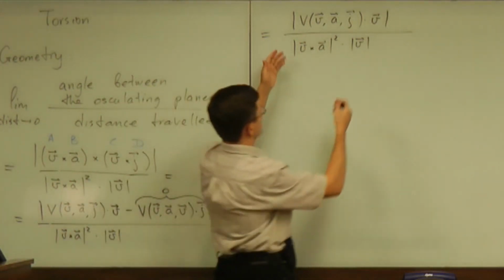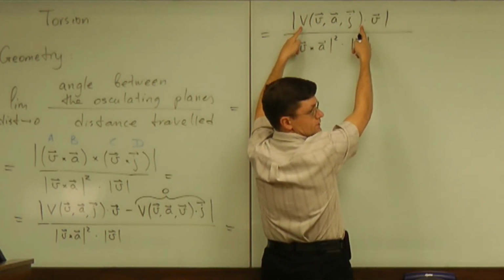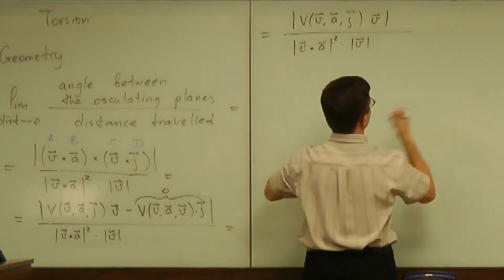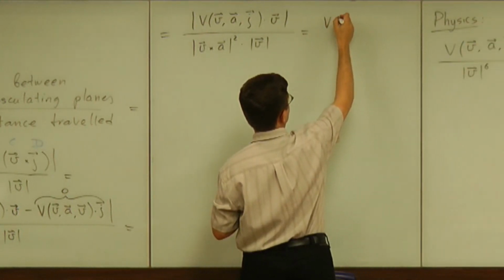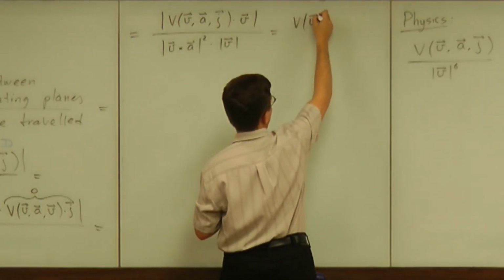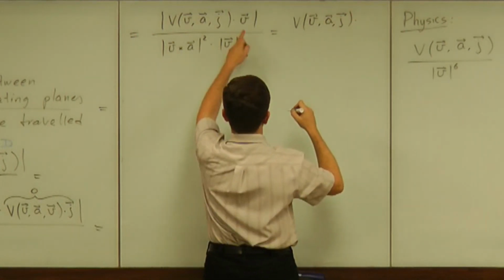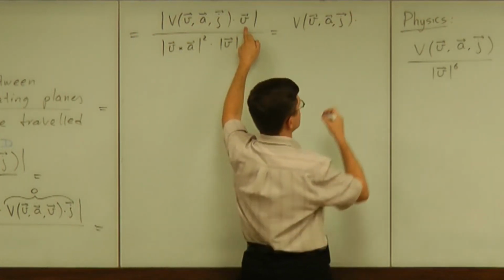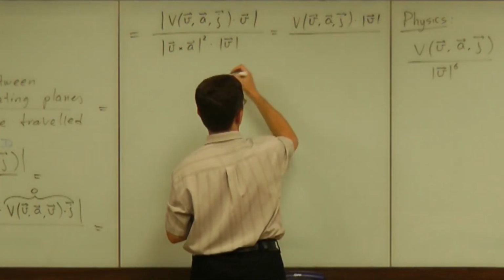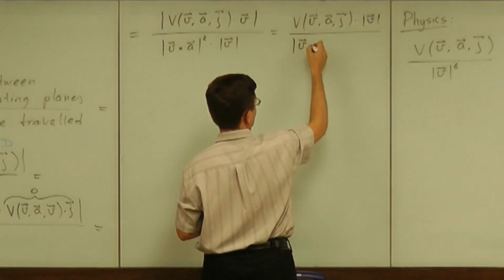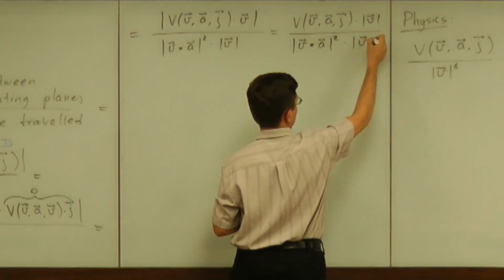Now how do we take the magnitude of that vector? Well, this is a scalar, right? So that scalar can be pulled out of the quantity if it is positive. So volume on V, A, and J multiplied by the magnitude of V itself, the speed, and divided by the square root of that cross product and the speed again.